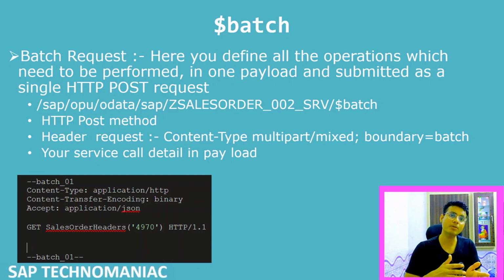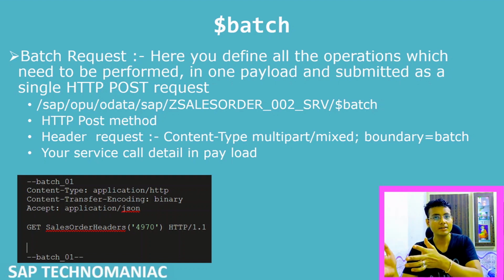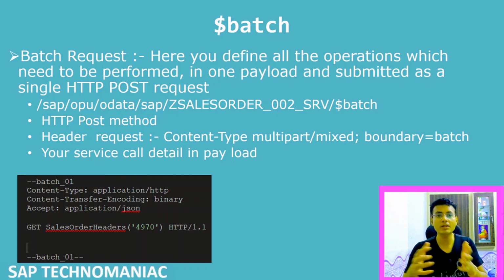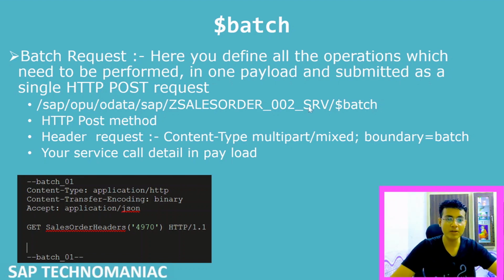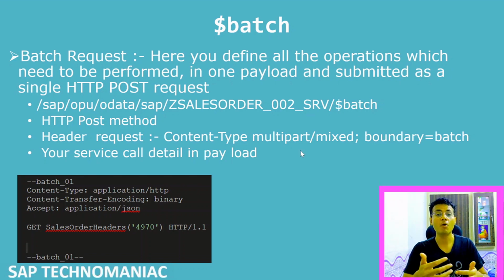If you remember from my previous video, when we created the employee data in the system, or when we created the sales order in the system, whenever we were sending the payload, we were using the post method. In the same way, for $batch also we need to send the payload. That is the reason we have to use the post method. The HTTP method is the post method. And what is the query you have to write? $batch.